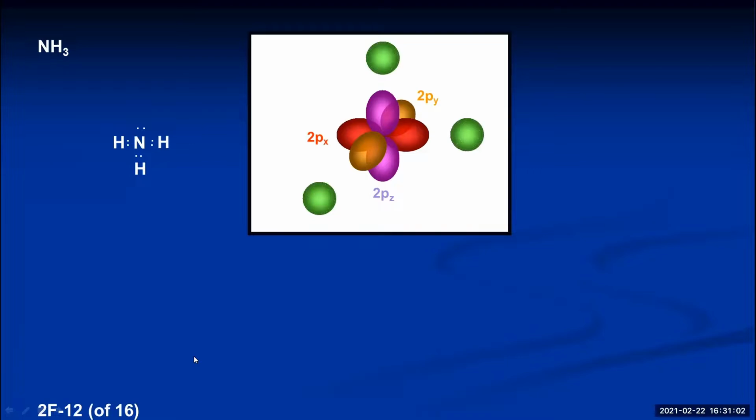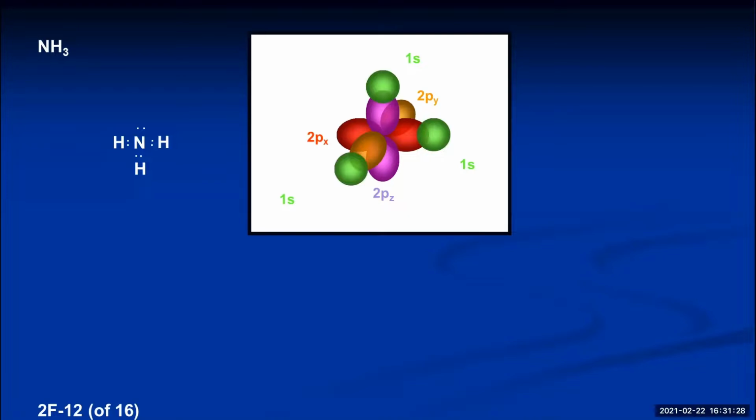So if 1 hydrogen is going to bond to the 2px, it's going to attach to the x-axis to the red orbital from the right. If you're going to bond to the 2pz, you have to attach to the z orbital from the top or the bottom. And if you're going to bond to the 2py, you have to bond to the lobe either in front or behind. So when these 1s orbitals overlap with the 2px, 2py, and 2pz, you're going to get a molecule that looks like this.